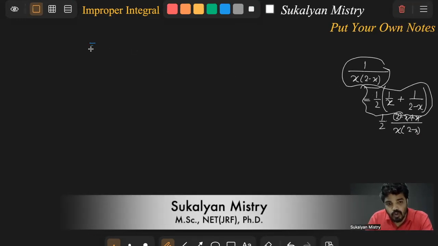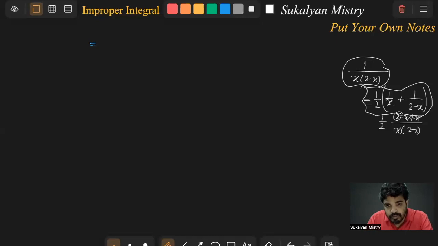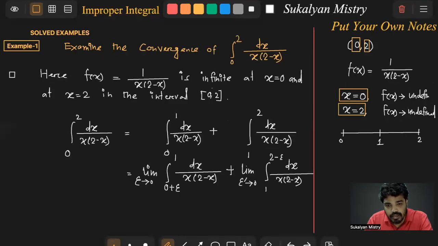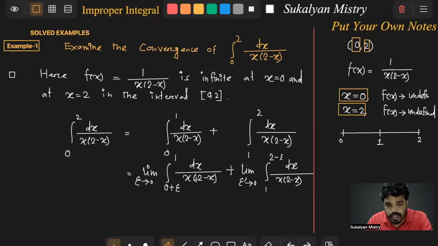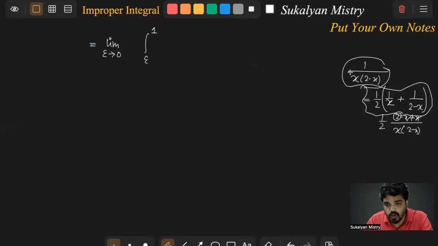Okay, so limit epsilon tends to 0, take integration 0 plus epsilon to 1, 1 by x into 2 minus x, which can be written as 1 by 2 into 1 by x plus 1 by 2 minus x, dx.